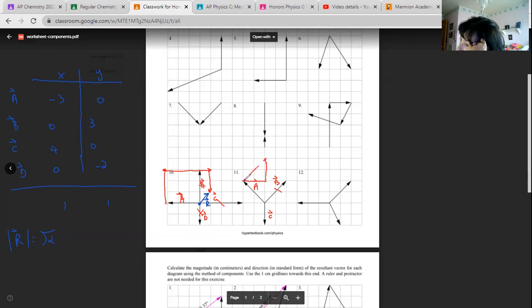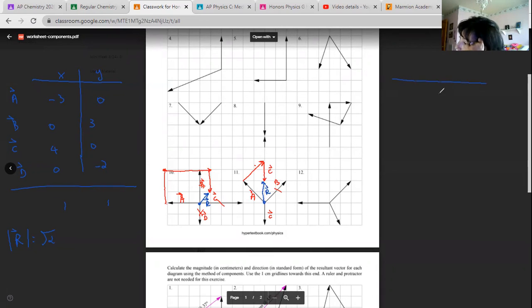So this is B. Then C says 2 south, so this is C. So this means that the resultant should be starting from the origin, ending at the end. So this is the result.